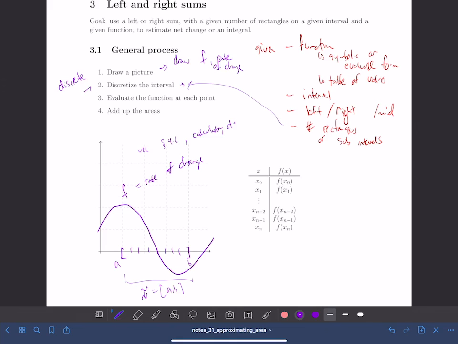The fact that one of them happened to be on the root there was pure coincidence. 1, 2, 3, 4, 5, 6, 7, 8. Here in this one, we would say that number of rectangles is n equals 8. Our book likes to use capital N. I don't care. So n would be 8.